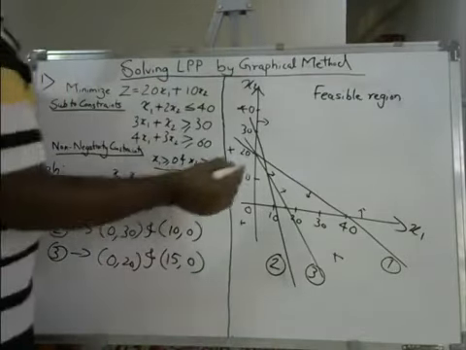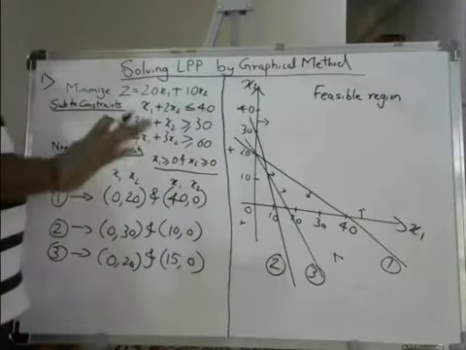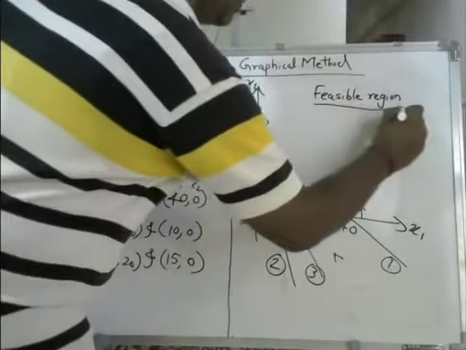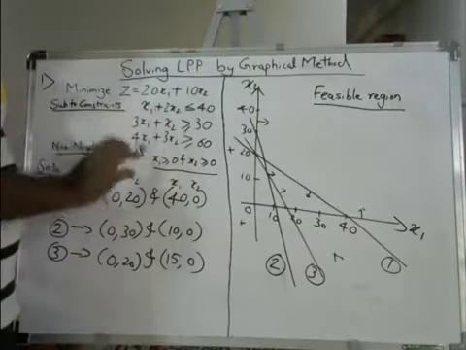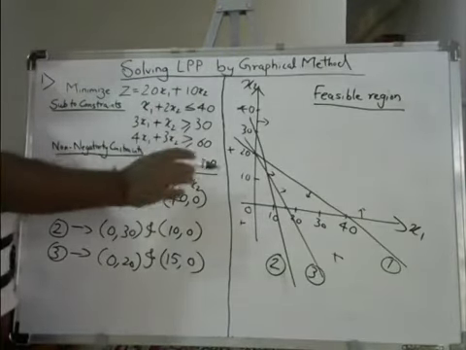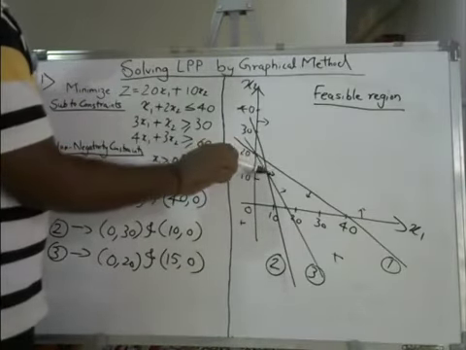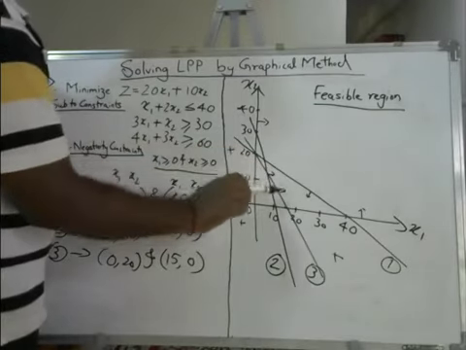So according to this, a feasible region is a region which will satisfy all the equations. Now if we see, the feasible region lies below this line, above this line and above this line.